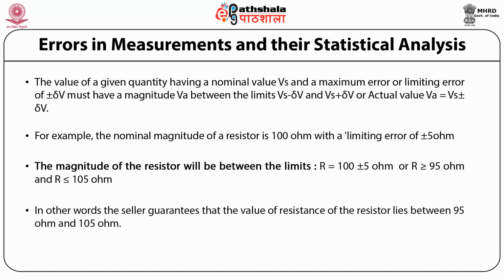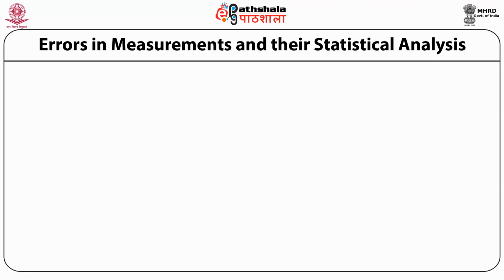In other words, the seller guarantees that the value of resistance of the resistor lies between 95 ohm and 105 ohm. Fourth type of error are systematic errors.